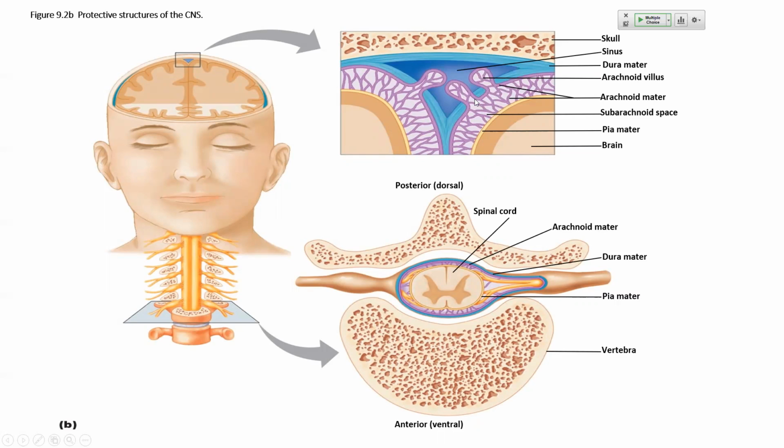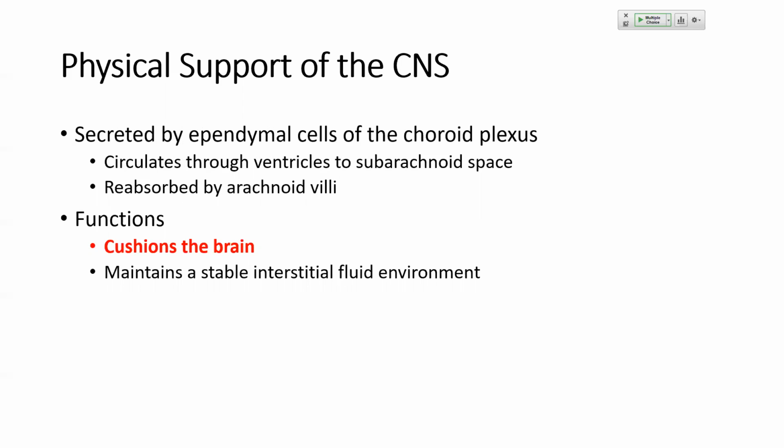And so basically, CSF is reabsorbed into the venous system, and so it's constantly being secreted by the choroid plexus and reabsorbed by the arachnoid villi. Okay. And as I mentioned earlier, its function is really cushioning and protecting and keeping a stable interstitial fluid environment in the surrounding central nervous tissue.